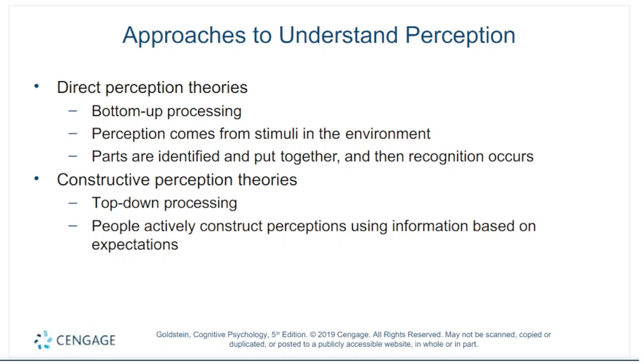So the bottom-up processing is part of the direct perception theories. So yun nga kasi, di ba, the information starts with our sensory organ most of the time. And then ayun, we just identify things, or we identify the parts of the environmental energy, and then we put it together in order to recognize what's happening.